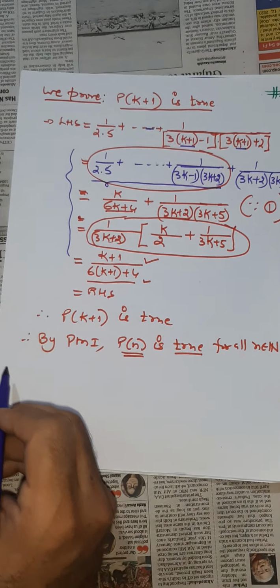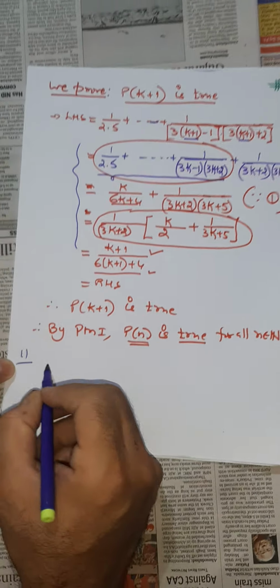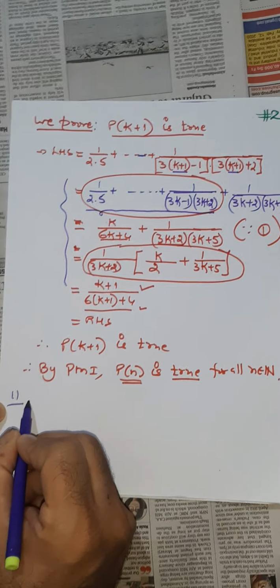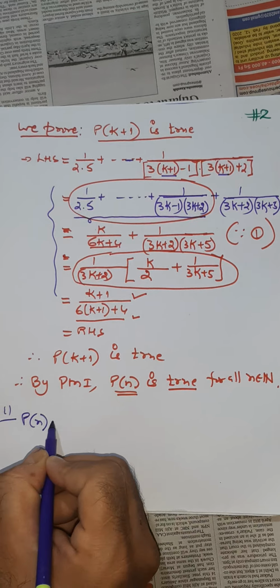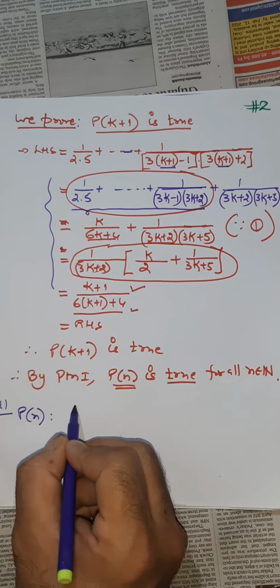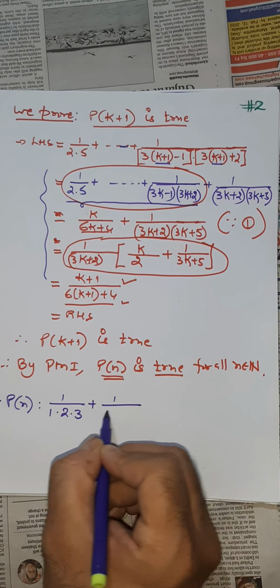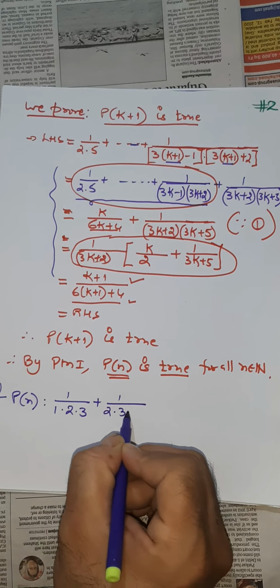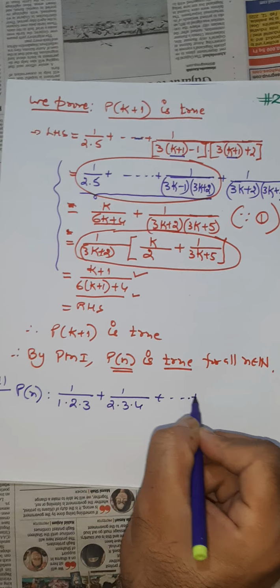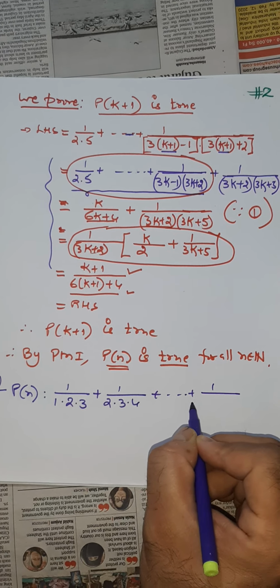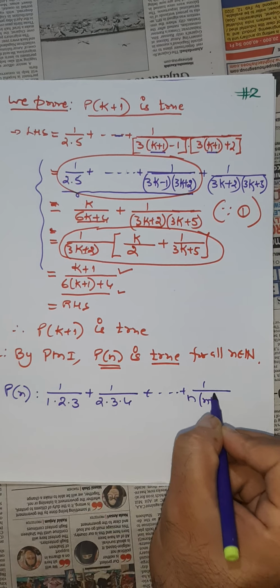So 11th number. Let me call that Pn. So P of n is this: 1 upon 1 into 2 into 3, 1 upon 2 into 3 into 4, and so on. The last term is n into n plus 1 into n plus 2.